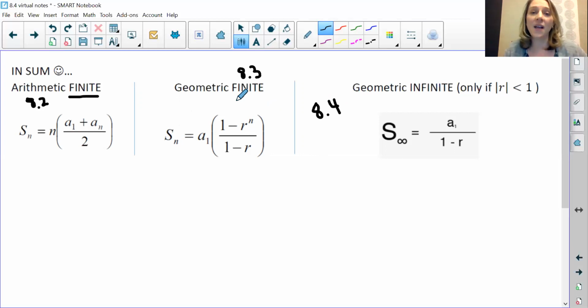And so when we think about sums, eventually we're going to be adding just about 0, about 0, about 0. And so we can get a sum. And so our infinite sum, notice that finite has an n. Here, it's either just plain s or an infinity symbol. It's the first term over 1 minus the ratio.